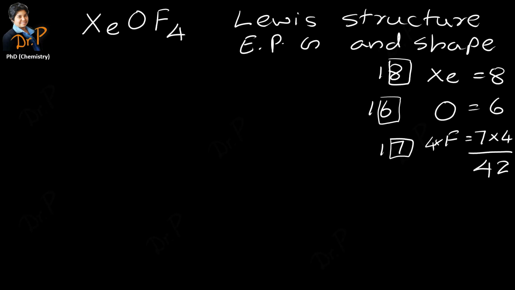Next, we are going to place the atom with the lowest electronegativity in the center. You know from periodic trends, oxygen and fluorine have higher electronegativities, so our central atom is going to be xenon. Now we can place the other atoms around xenon: 1 oxygen and 4 fluorine atoms.